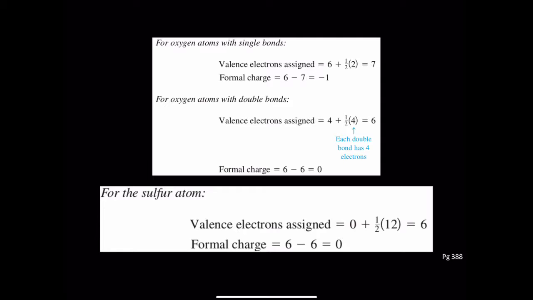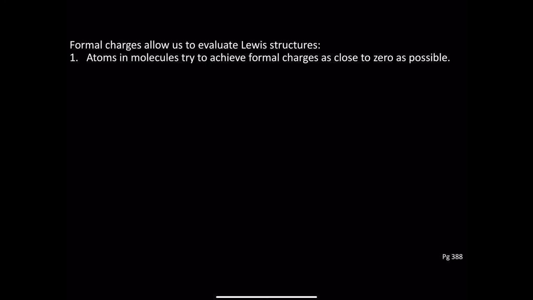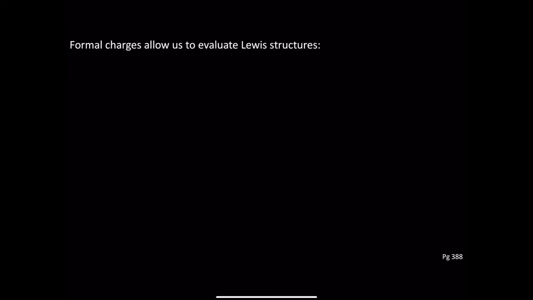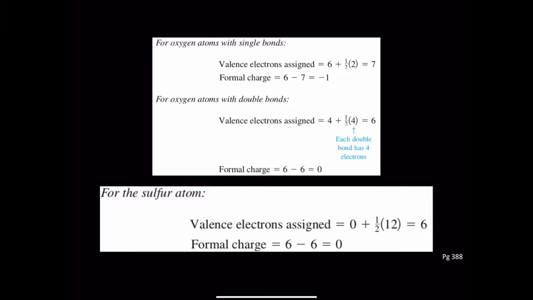And then for the sulfur atom, we would have a formal charge of 0 as well because of all those shared electrons. So formal charges allow us to evaluate Lewis structures. Atoms in a molecule try to achieve formal charges as close to 0 as possible. Now let's look really quickly at the net charge, when you add them all up together.